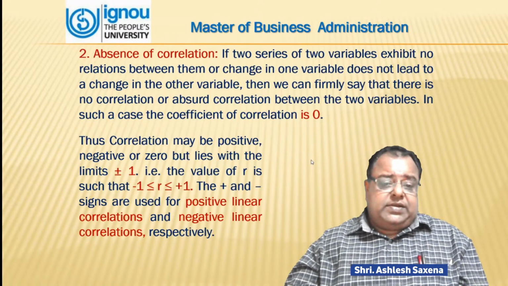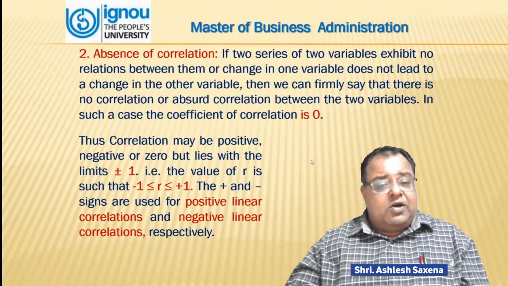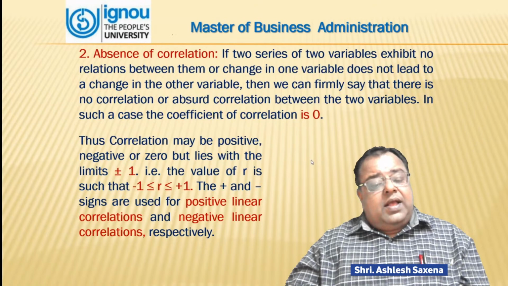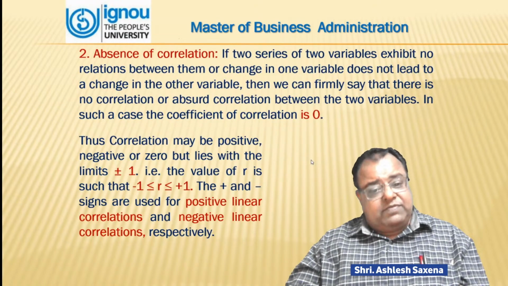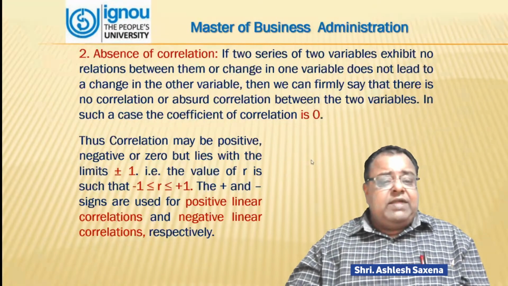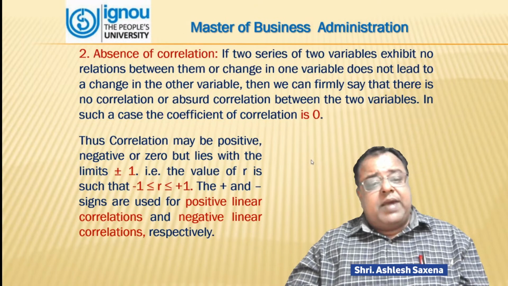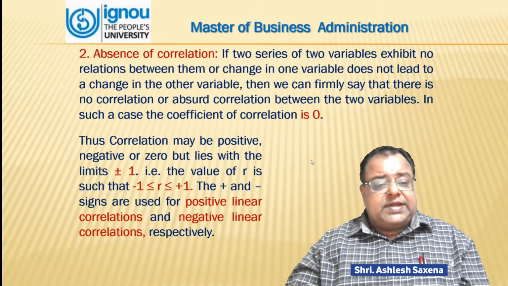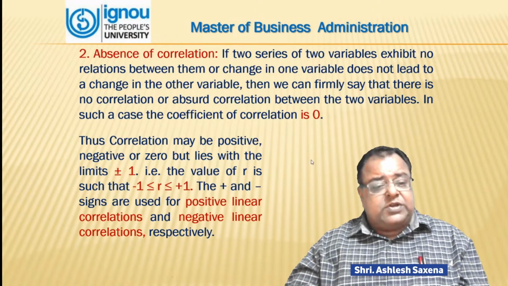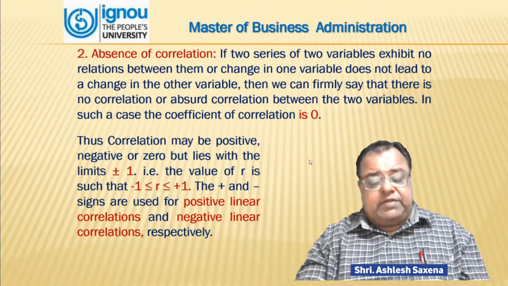Thus, we can say that correlation may be positive, negative, or 0, but it has limits, and the limits are plus minus 1. So, mathematically, we can say that the value of r lies between minus 1 and plus 1. Plus and minus 1 signs are used for positive linear correlation and negative linear correlation, respectively.